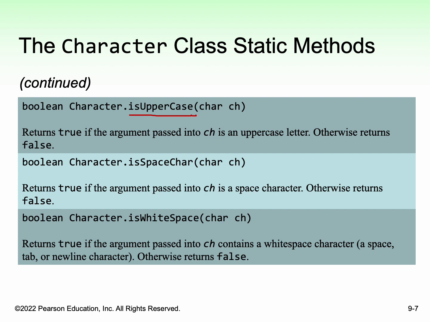And isLowerCase is another one that will return true only if whatever you're passing into your parameter ch is a lowercase letter. Obviously, we also have isUpperCase. It works in a similar fashion to the lowercase one, but it checks if the character that you're passing is an uppercase letter. Now, isSpaceChar stands for is space character, so it checks if the character that you're sending is a space, and isWhitespace is looking for a whitespace character, so it can either be a space, tab, or a new line character. As you can see, all of these are pretty self-explanatory, depending on the name.